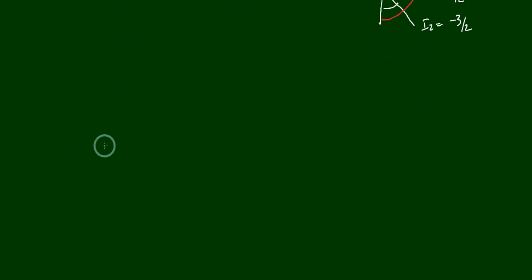This corresponds to I equal to plus half of the ground state, and this is I equal to 3 by 2, which corresponds to the excited state. The excited state energy will be greater than the ground state, and at the ground state, even if there is an electric field, both orientations will have the same energy. Therefore, it will have only one energy state. Both plus half and minus half states will have the same energy.